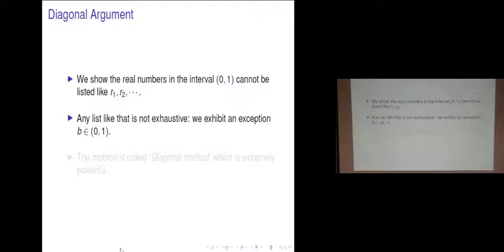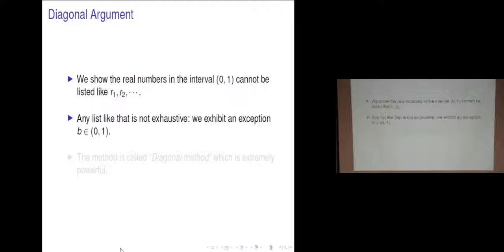No matter how smart, no matter how you thread the points, you cannot exhaust the interval 0, 1. You give me your way to match, and I will show you you are going to miss something. I will return an exception point. So show me your plan. I will show your plan doesn't work because here you get a point you didn't match, right?